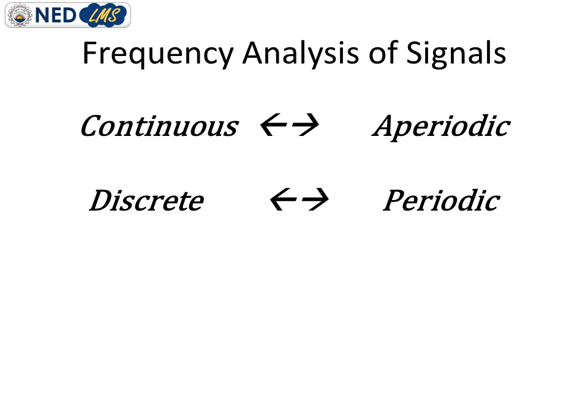Similarly, if your time domain representation is periodic in nature, then your frequency domain representation will be discrete in nature. So by looking at these two parameters of the time domain, continuity or discreteness, and periodicity or aperiodicity, we can comment on the representation or nature of its frequency domain.